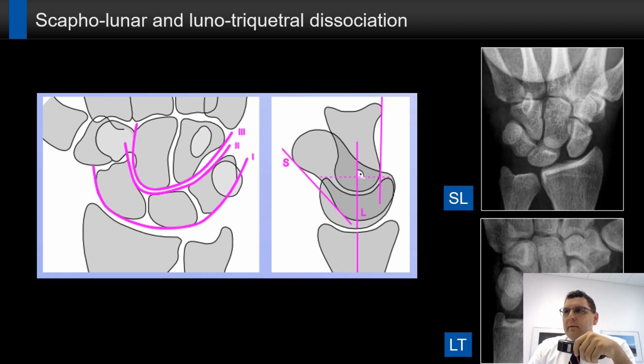Here is an example where you can see there is a huge gap in the SL distance, and you can also see that the lines are not as smooth as they should be. This is always a very good indication that there is some dislocation ongoing or some pathology on the ligamentous level, which is of course not directly seen on X-rays.